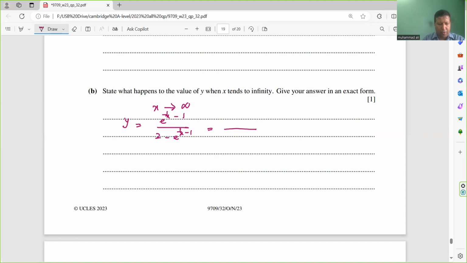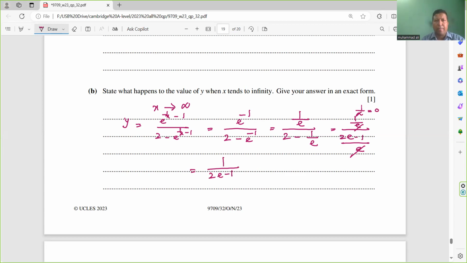If we put infinity instead of x, 1 by infinity is 0. So it is e to the power minus 1 divided by (2 minus e to the power minus 1), so it is 1 by e divided by (2 minus 1 by e). If we simplify, 1 by e over (2e minus 1) by e, this e cancels. So we get 1 by (2e minus 1).